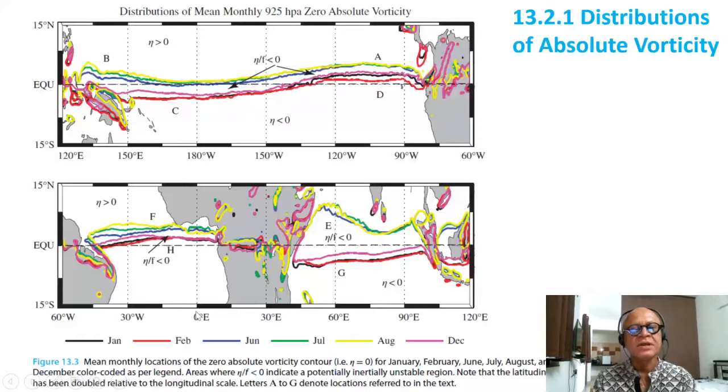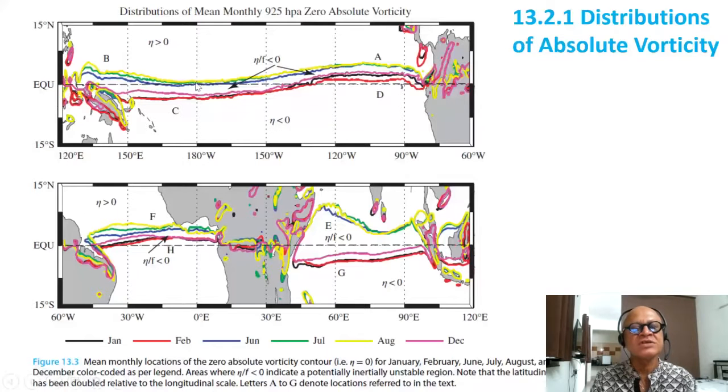So these are mean monthly 925 hectopascals, so low level zero absolute vorticity lines for the Pacific sector and the Atlantic sector for these various months, just to see how things move. So wherever you have eta less than 0, well, in the northern hemisphere you have eta greater than 0, and in the southern hemisphere eta less than 0.